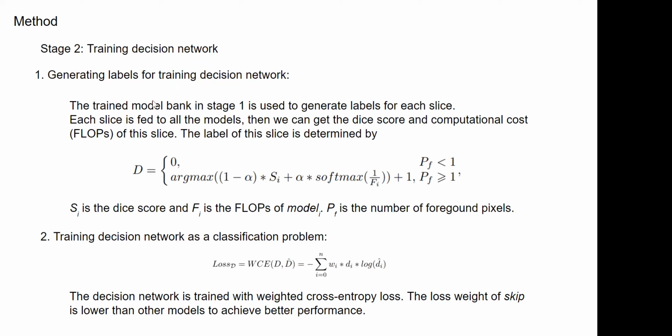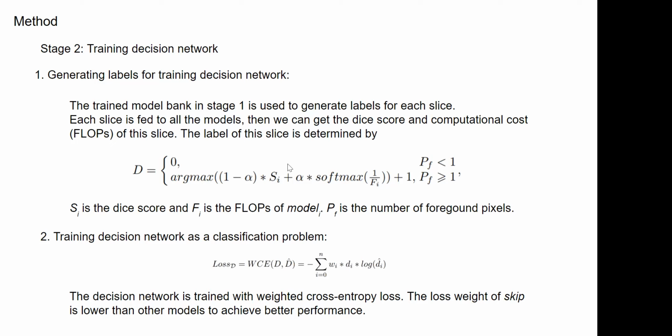To generate the training labels, I use the model bank from the first stage: I feed the input slices in the training set to all the models, and for each slice I can get the dice score and the corresponding computational cost. Then we can use these to generate the labels.